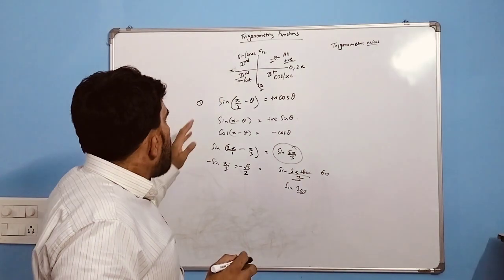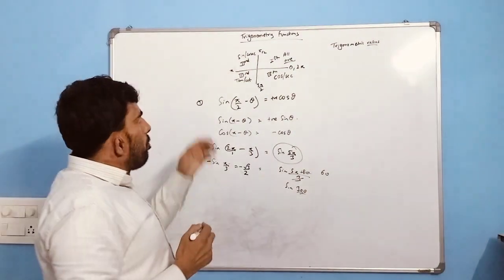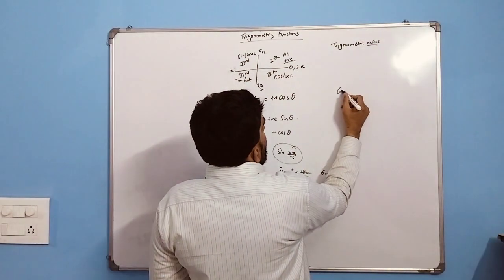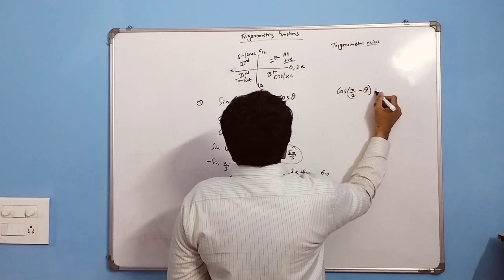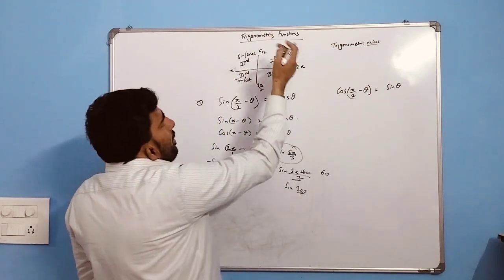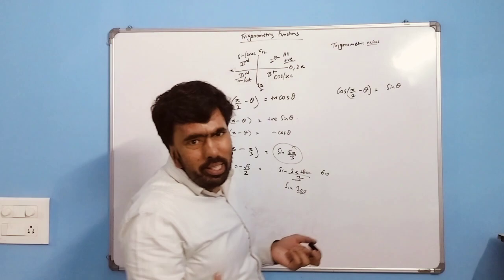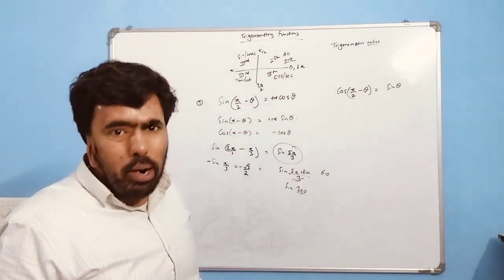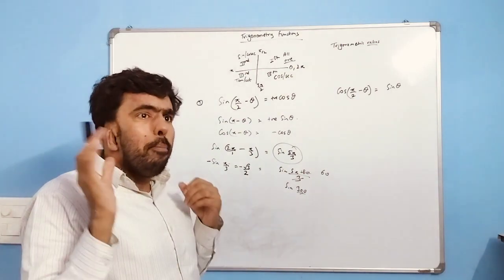So the first one is sine pi by 2 minus theta, and if I use cos also here, cos pi by 2 minus theta is equal to sine theta. I am talking about the minus value. If I put something like 30, 90 minus 30 is 60 degrees, which will be in the first quadrant. In the first quadrant, we know all the trigonometric ratios are positive.